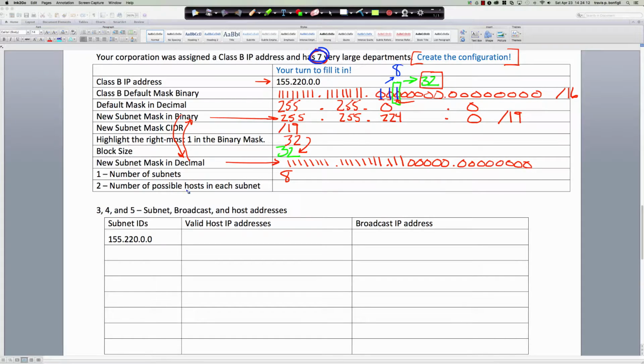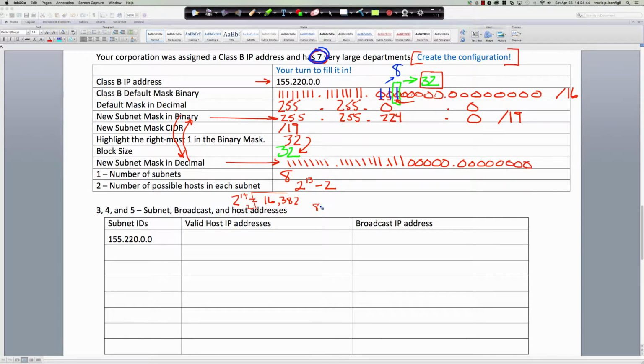Now, number of possible hosts in each subnet. Well, how many host bits remain here? We've got 5 and then 8, so we've got 2 to the 13 minus 2. Well, if 2 to the 14 is 16,384, half of that is going to be 2 to the 13. Let's divide by 2 here.